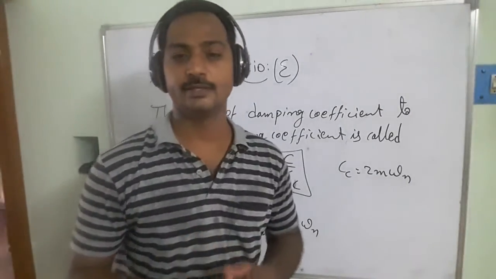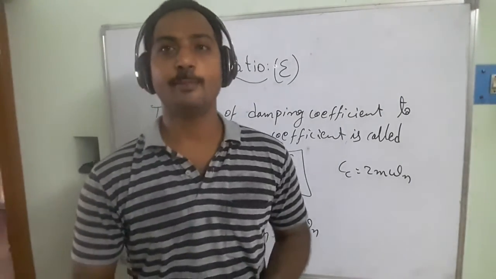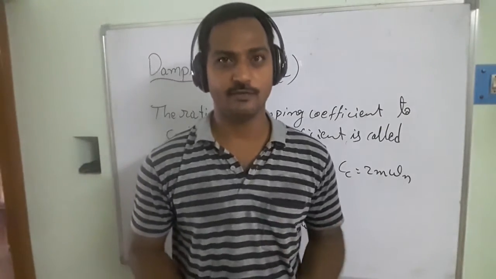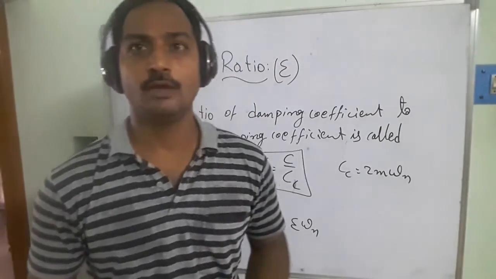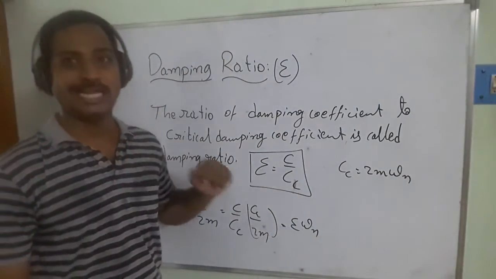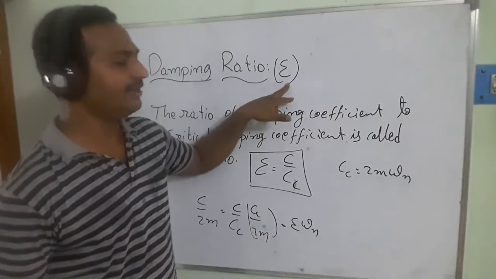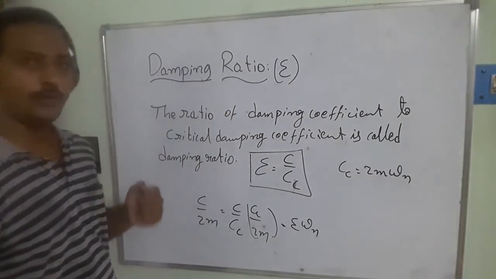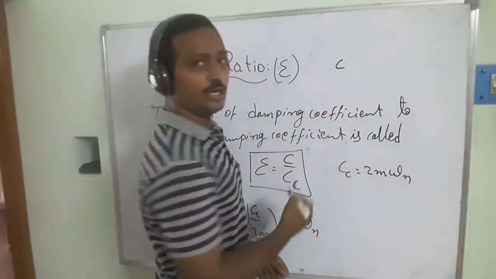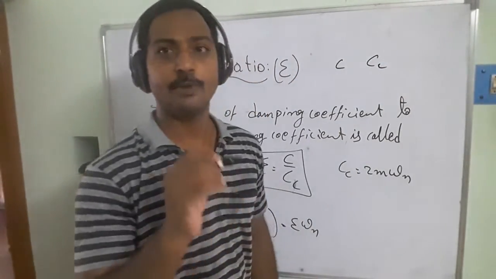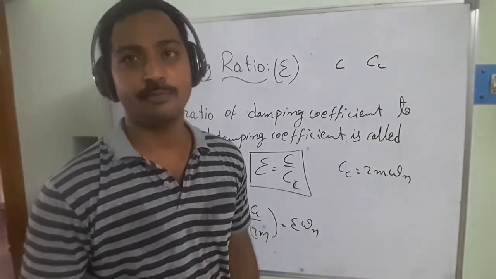We have seen that the critical damping coefficient is derived from that equation. Going a little further, we take the damping ratio, which is represented with epsilon. So what is the damping ratio? We have derived that c is the damping coefficient and cc is the critical damping coefficient of the damped vibration system.